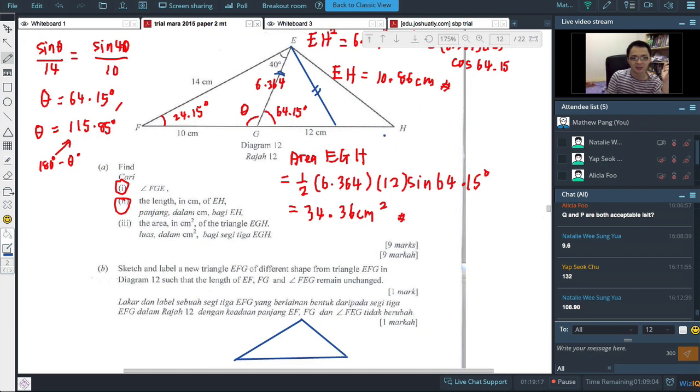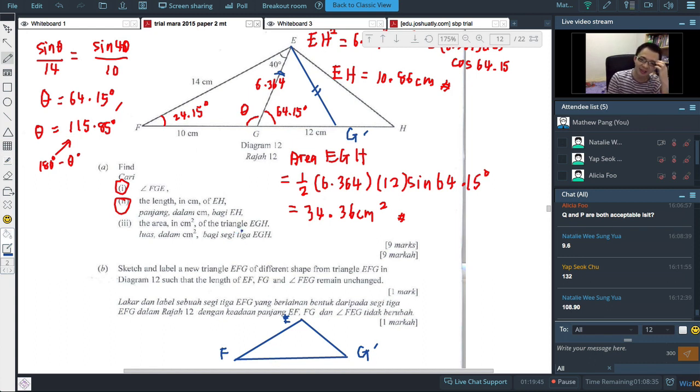So this is your new G. Your new G will be here, with E, F, G. So the EF remains unchanged, the length of FG has to remain unchanged.